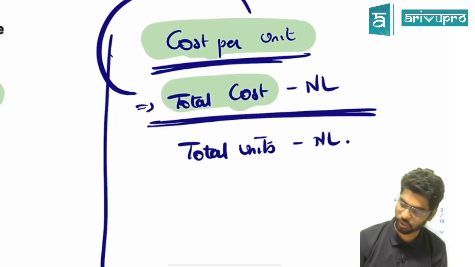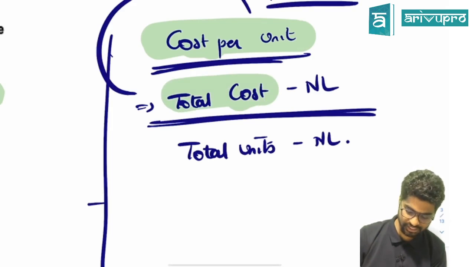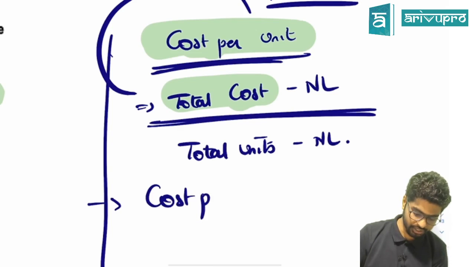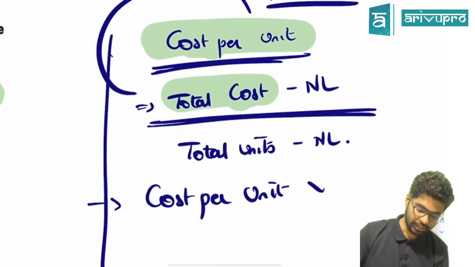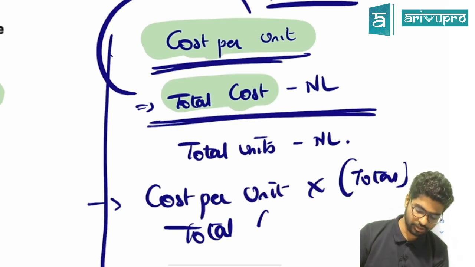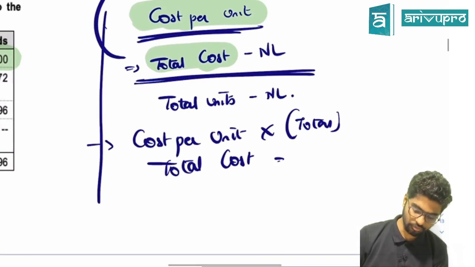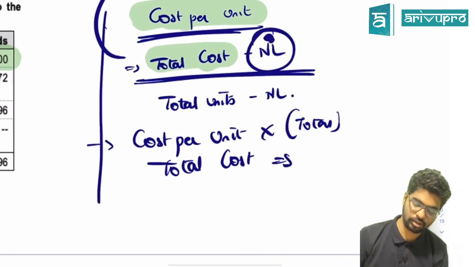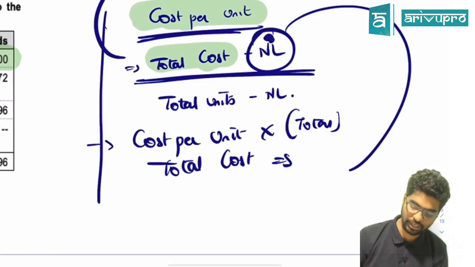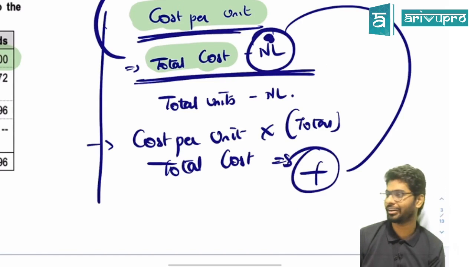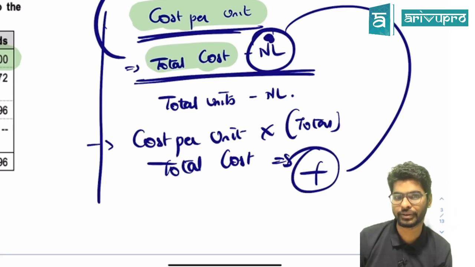That means you will be doing everything in reverse. First you will multiply cost per unit into total units to get total cost, correct? Then this normal loss, when it comes on the other side, will you not add, or will you still subtract?